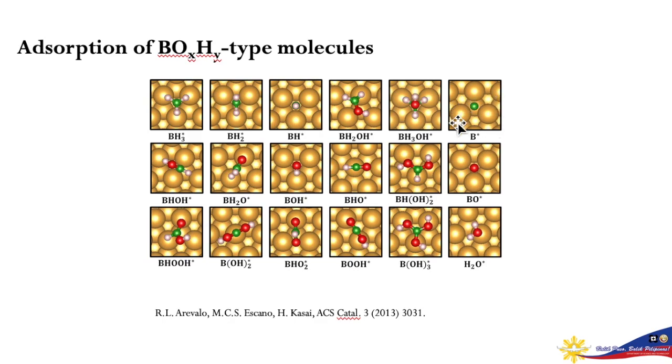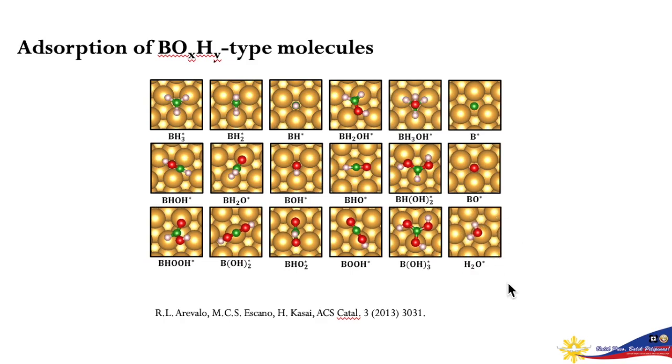So for the case of the boron atom, it adsorbs at the hollow site. So the other adsorption structures are shown here. I also completed the adsorption structure for the case of water molecules.